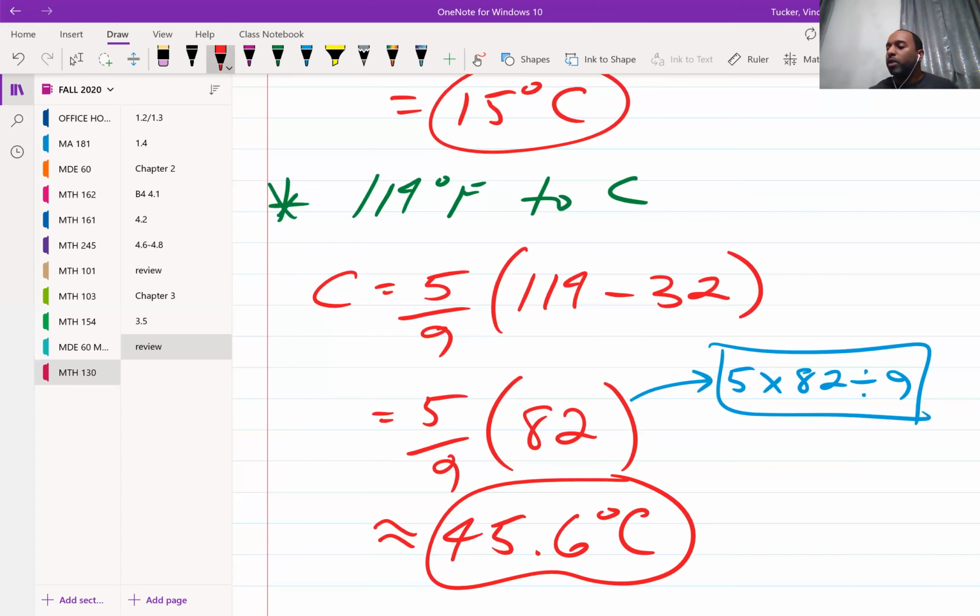All right. Questions on temperature? Make sure you're okay. Those are the only two temperature scenarios that they give. Anything, anybody?